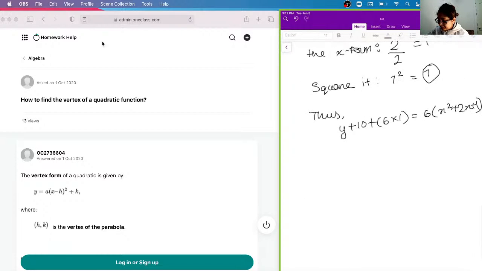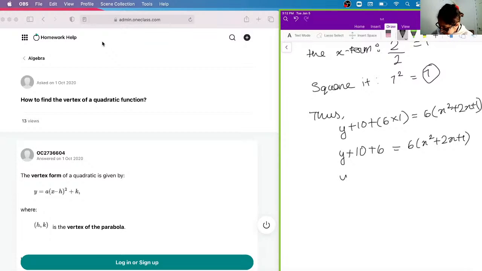Okay. And then to further simplify this, we have y plus 10 plus 6 is equal to 6 times x squared plus 2x plus 1. And then further simplify, y plus 16 is equal to 6 times x squared plus 2x plus 1.